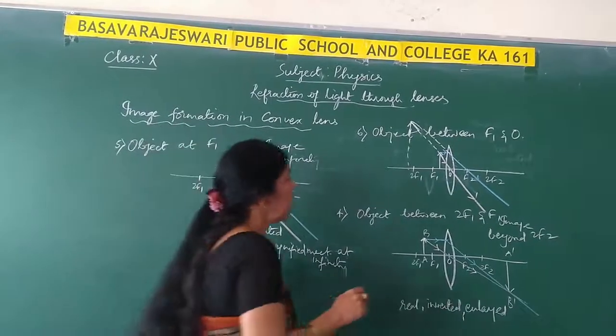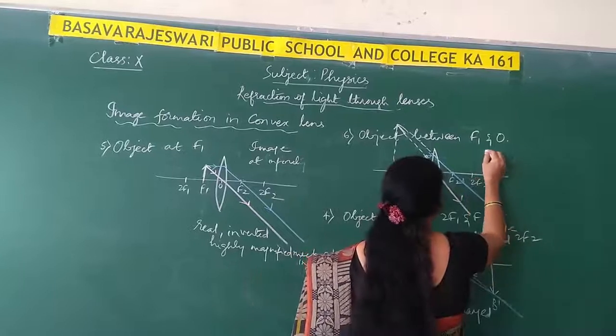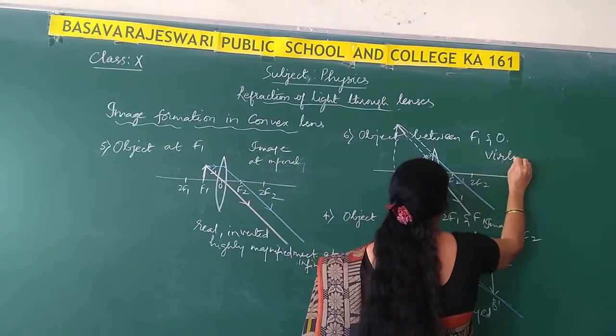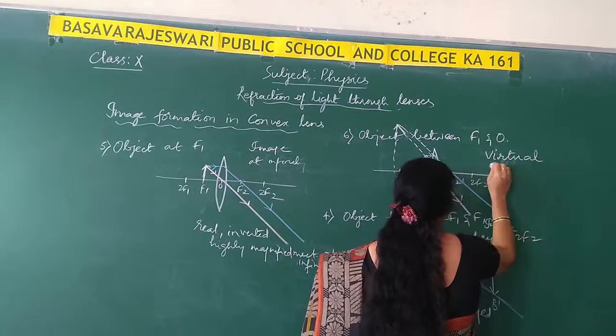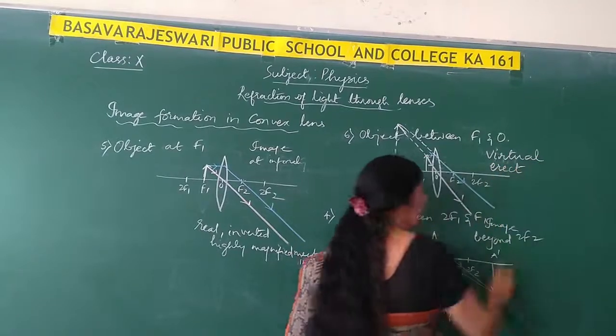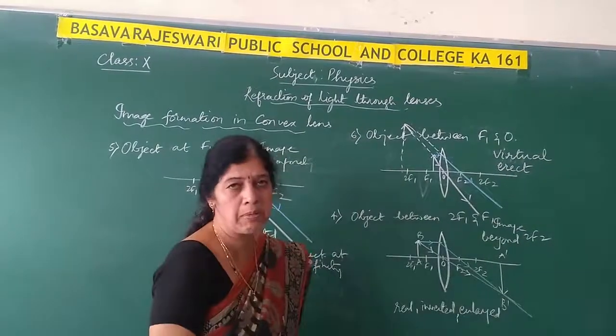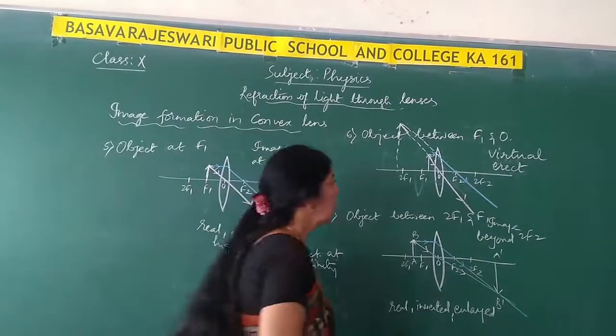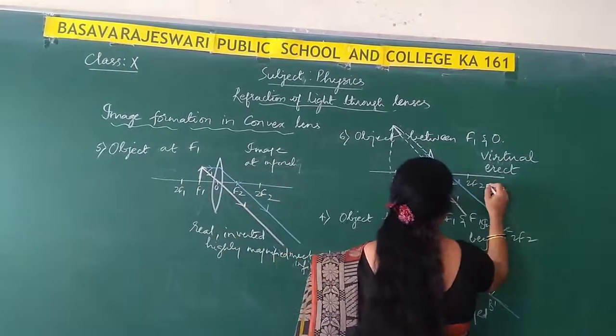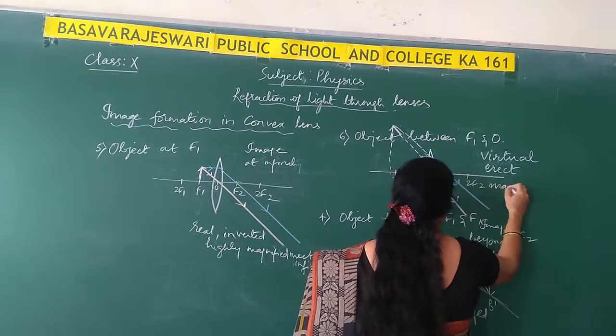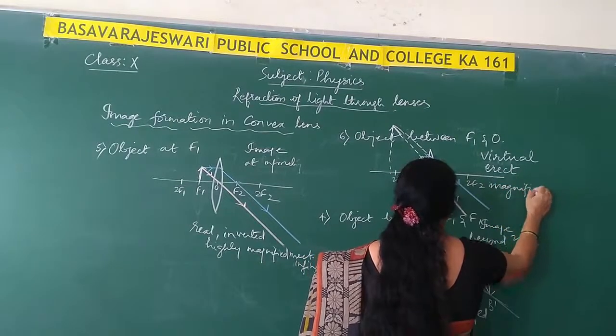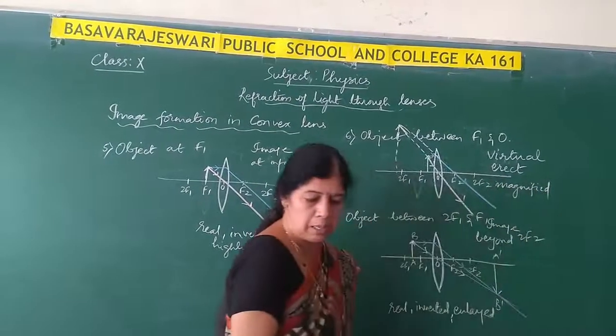So what are the characteristics of this image? The image is virtual, and it will be erect. Erect, as I have told you in my previous videos, it is upright: virtual, erect, and magnified. These are the characteristics of the image formed.